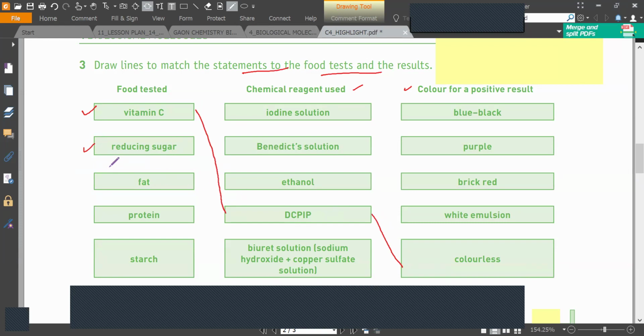Reducing sugar? Benedict's solution. Yes, and positive result? Brick red. Fat? Ethanol. And positive result?